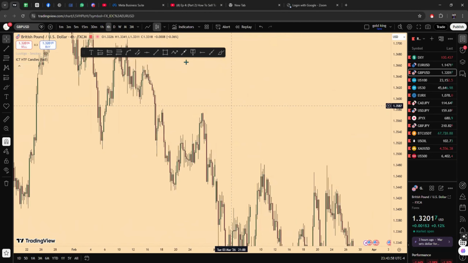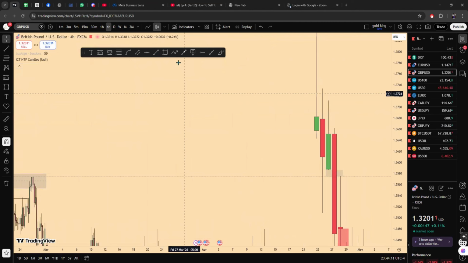And if you remember, in almost all the classes that we have had so far, I've been trying to make you understand how to choose valid inducements, whether to expect and engineer liquidity and stuff like that. Now, always have two scenarios that will happen.